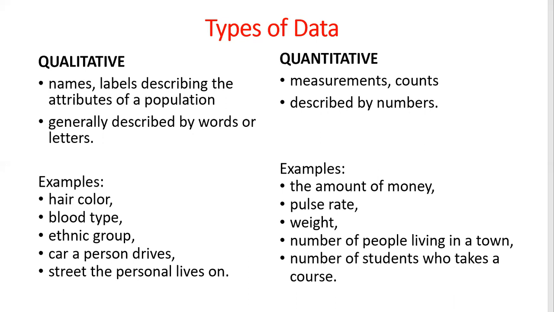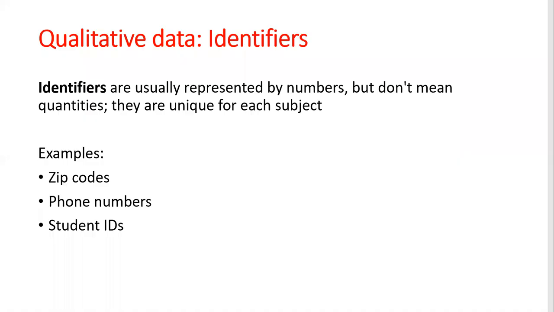And since they're unique for each subject, they're called identifiers. So again, identifiers are usually represented by numbers, but don't mean quantities, and they're unique for each subject.